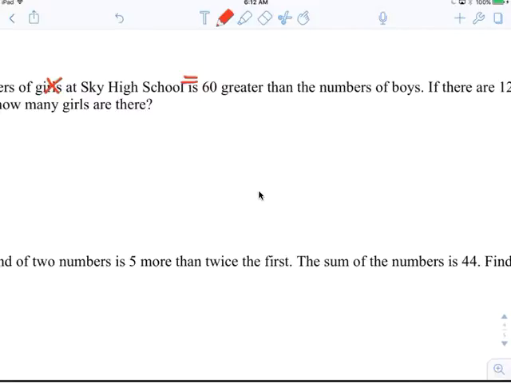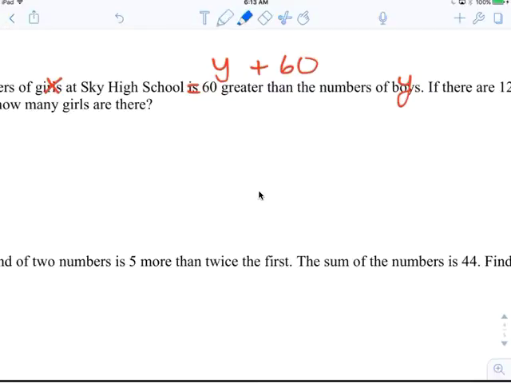So the boys, B, we give it Y. So Y plus 60 is the number of girls.